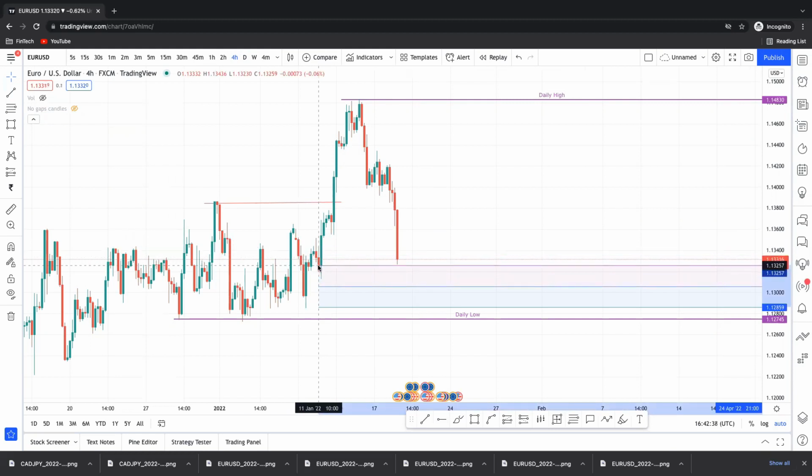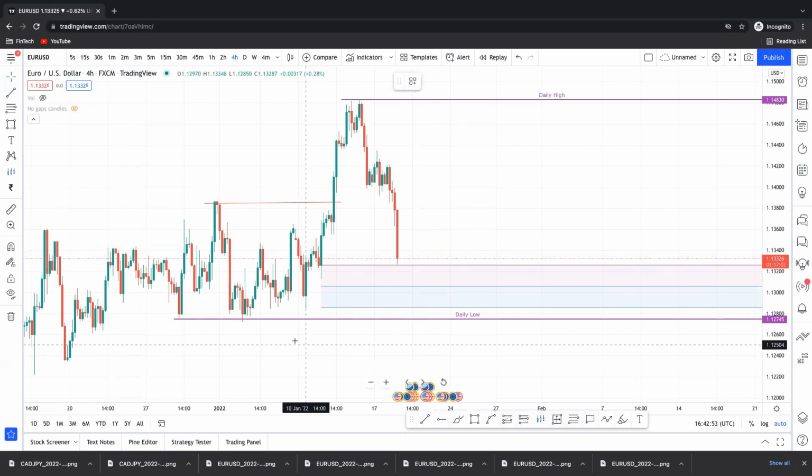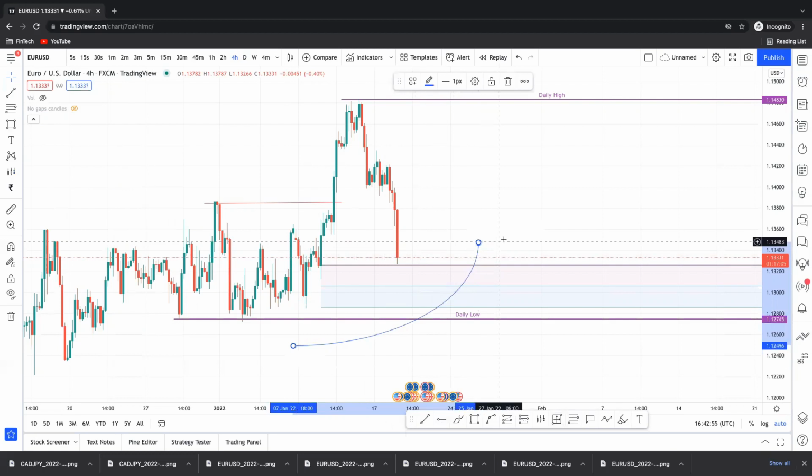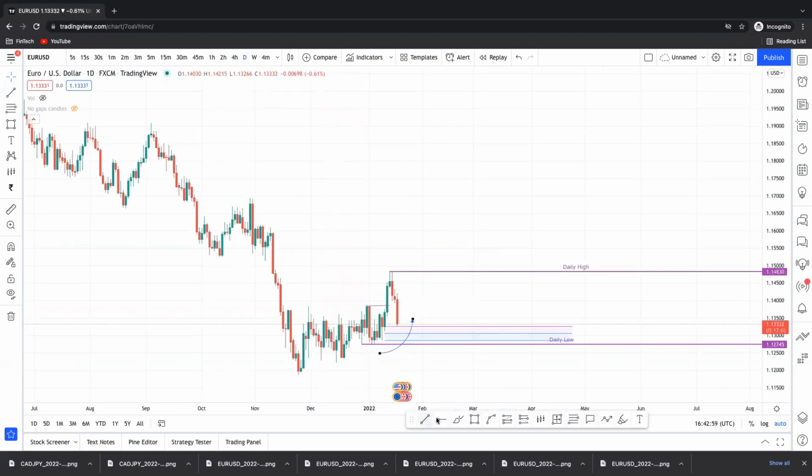So this is our invalidation line in terms of structure, and we are looking to continue buying from here. It is already there in the order flow as explained last week.